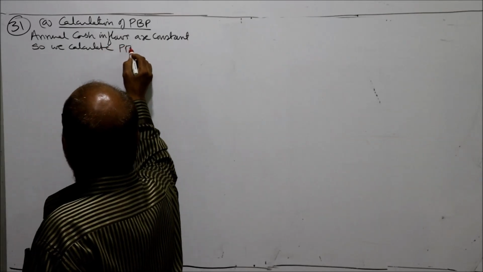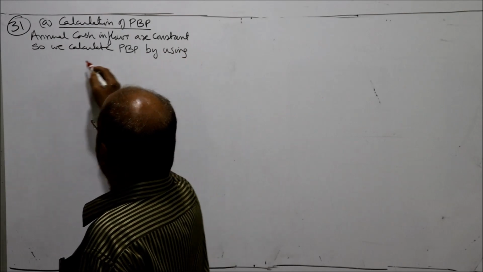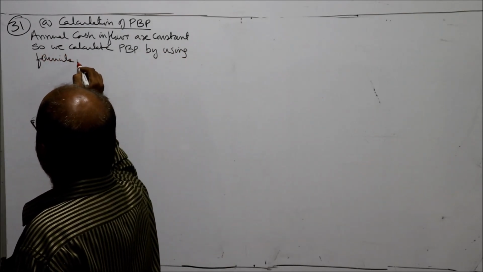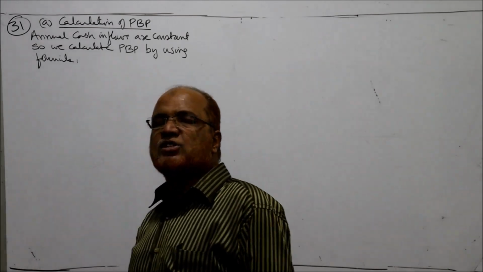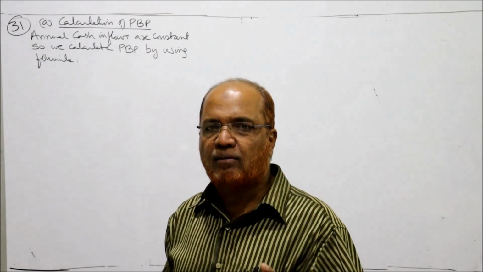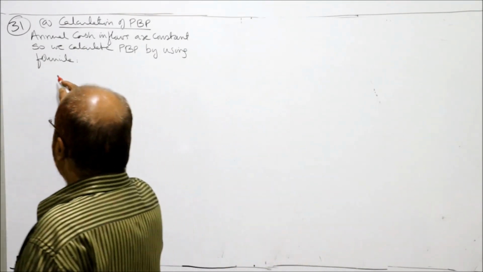So we calculate PBP by using a formula. There are 2 methods of calculating PBP. First, the formula method when annual cash inflows are constant. Second, the cumulative method when annual cash inflows are not constant. Here it is constant, so we apply the formula.